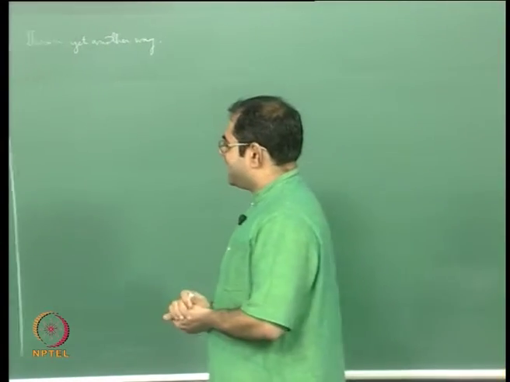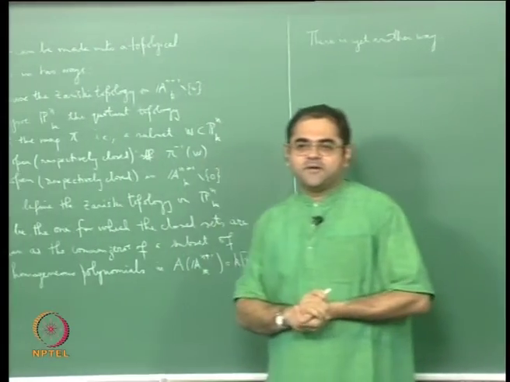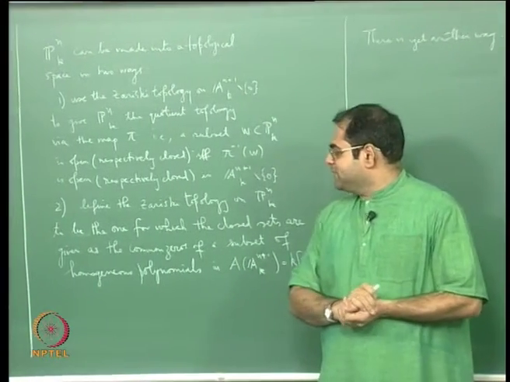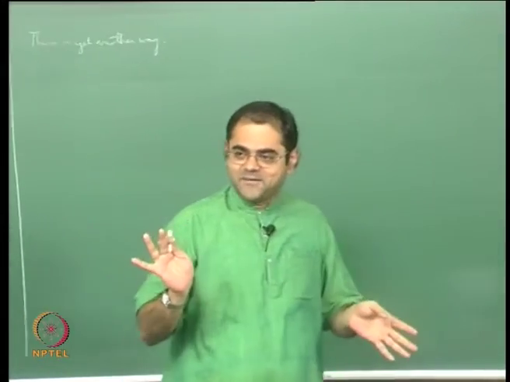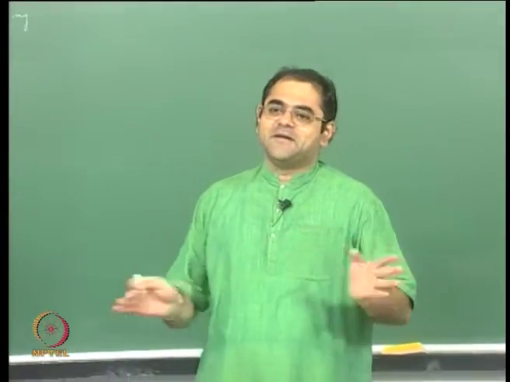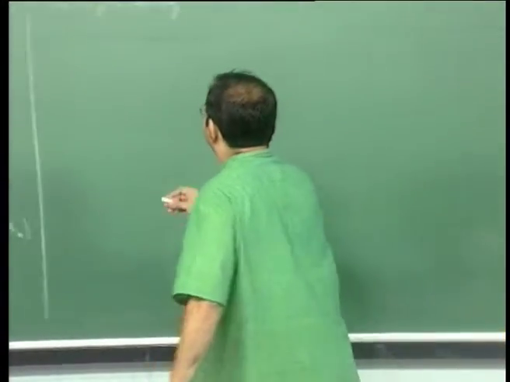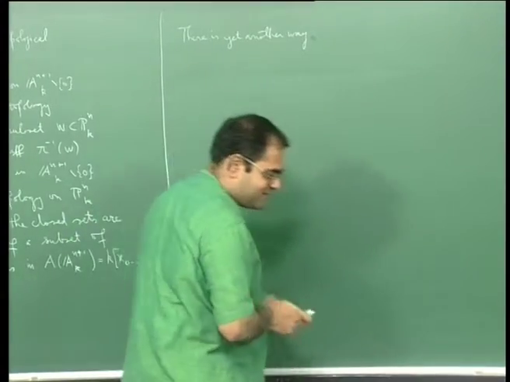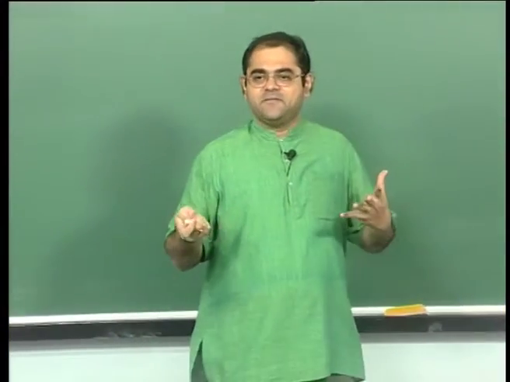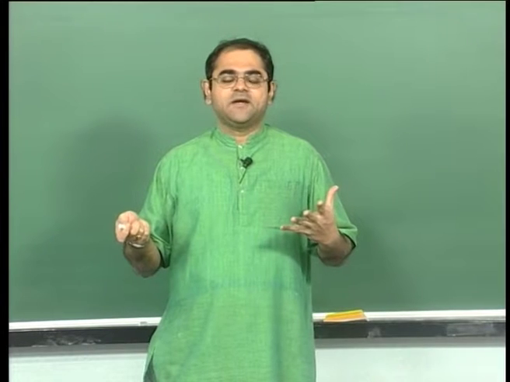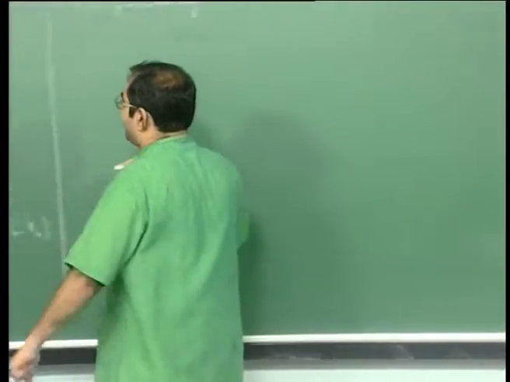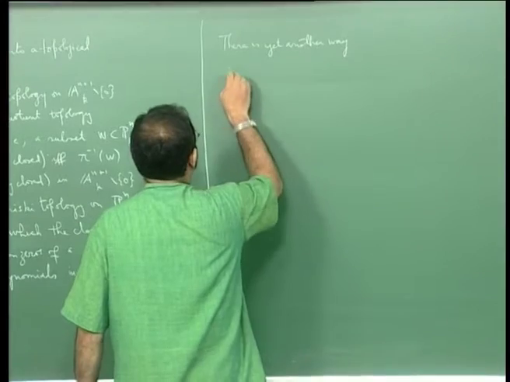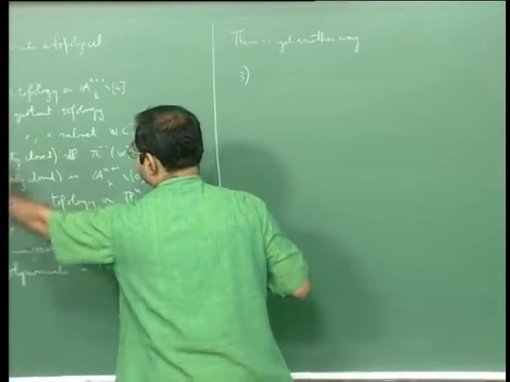I'm just going to tell you that there are three ways of defining the topology on projective space, and they are all the same. They are all going to give you the same result. So what is this yet another way? This is the standard way in which you think of a projective space as being gotten by gluing n+1 copies of affine space. Let me put it as 3, in continuation with this.